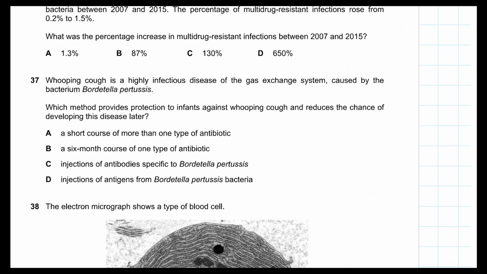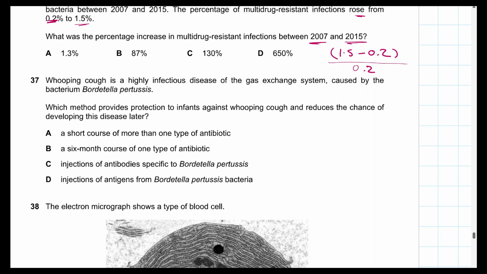Question number 36. What is the percentage increase in multi-drug resistance infections between 2007 and 2015? So, as I mentioned earlier, any formula for percentage change is going to be as the following. So, we're going to have the difference, so the difference between the two values divided by the original value. So because it rose from 0.2 to 1.5, therefore 0.2 is going to be the original value.